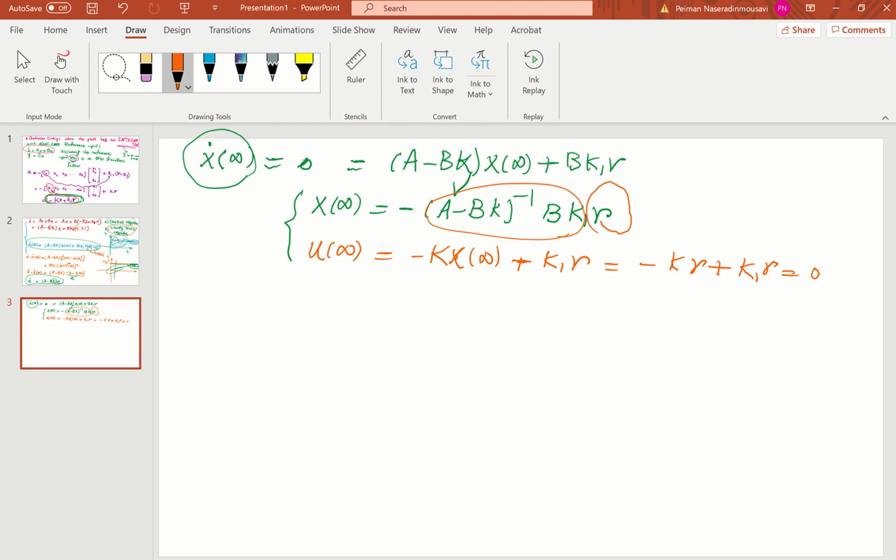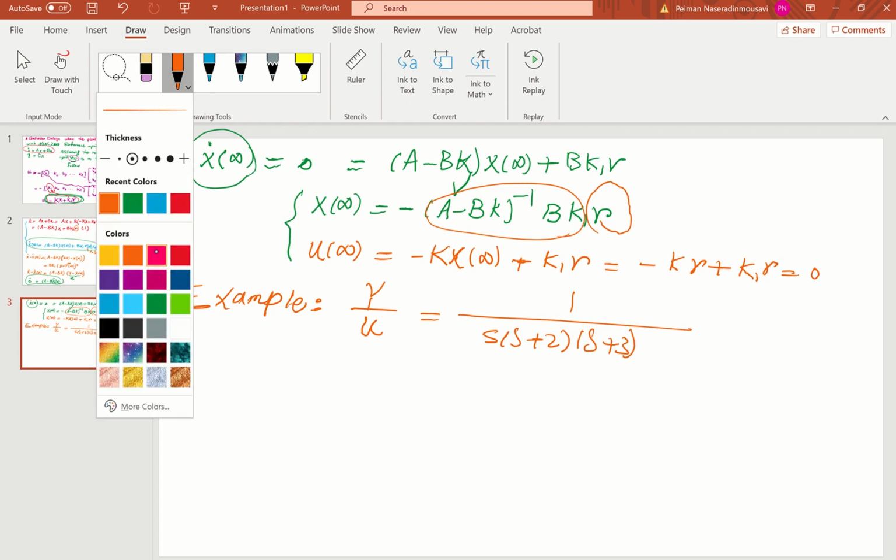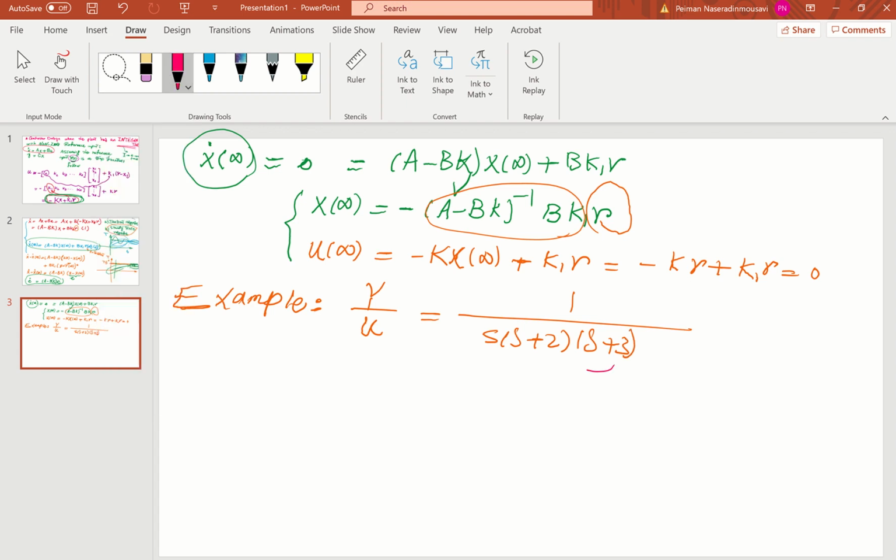So now let us go to the example. I am going to do 2 examples because this is very important, guys. Example by Matlab. Suppose the open loop transfer function of the system is 1 over (s plus 1)(s plus 2)(s plus 3). First of all, this system is a third order system because the highest order is s cubed.